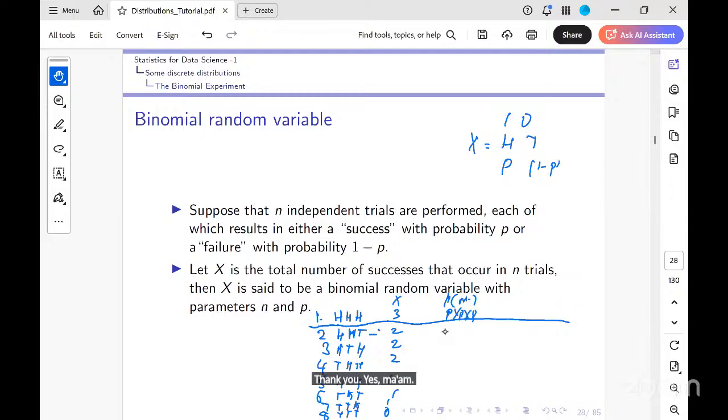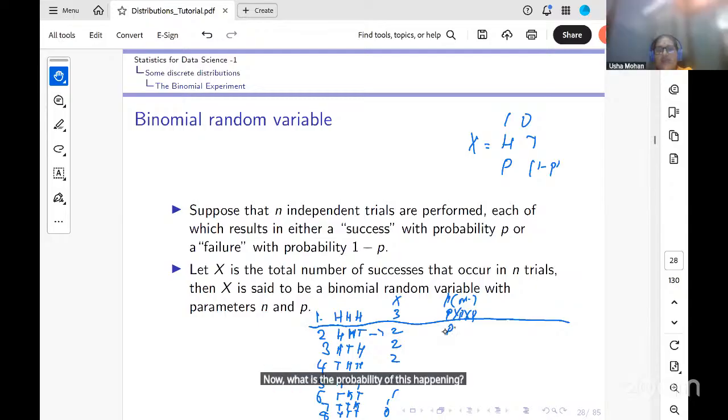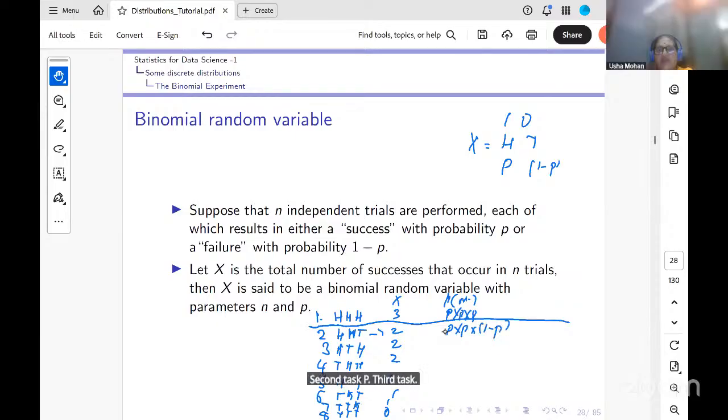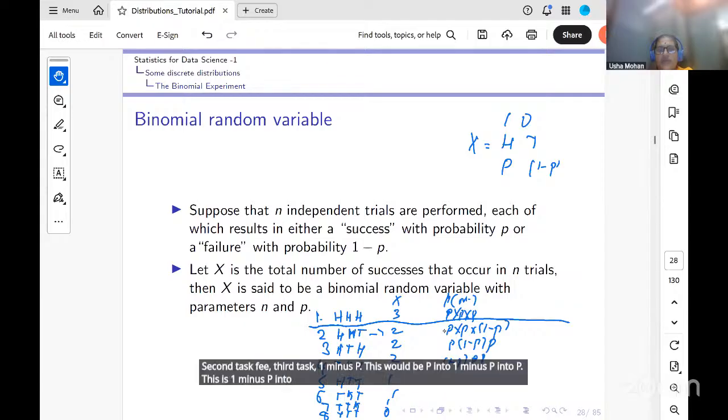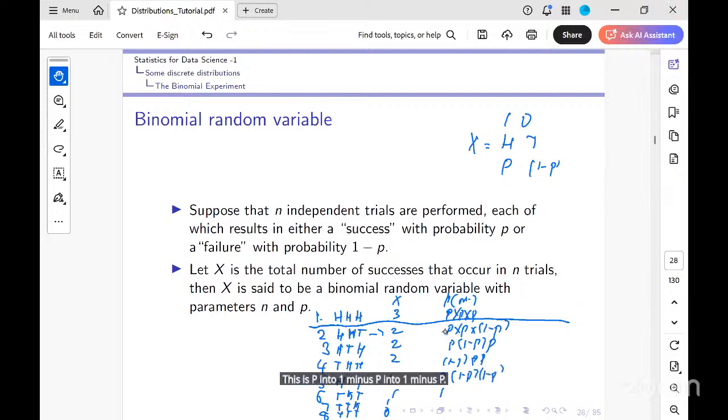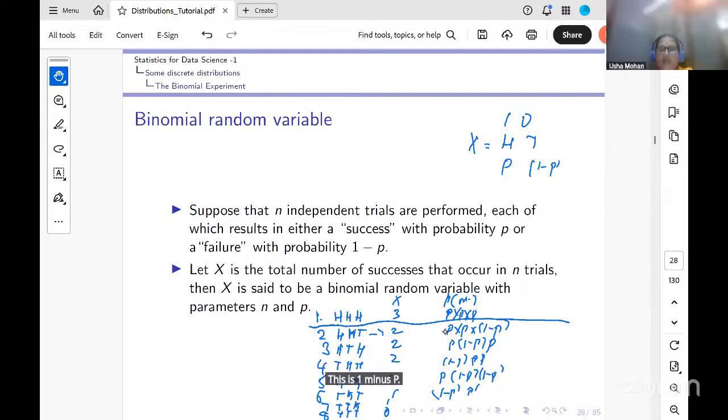Now, what is the probability of this happening? First toss P, second toss P, third toss 1 minus P: P into P into 1 minus P. This would be P into 1 minus P into P. This is 1 minus P into P into P. This is P into 1 minus P into 1 minus P. This is 1 minus P, P, 1 minus P. This is 1 minus P, 1 minus P, P. And finally 1 minus P, 1 minus P, 1 minus P. Is that right?